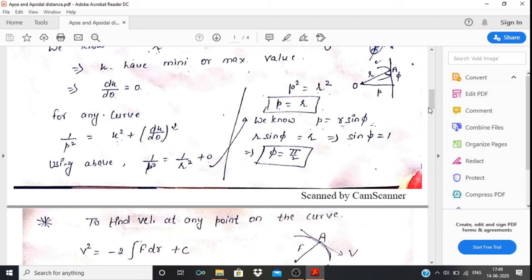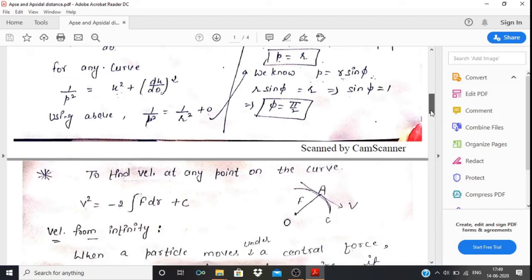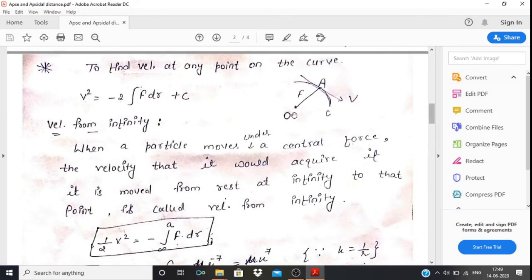Again, I will consider the topic of the velocity at any point on the curve. The velocity at any point of the curve is denoted by v. If we know the center of the force, that is, if we know the value of f, then we can easily calculate the velocity at any point on the curve, where c is the constant of integration. The next topic is the velocity from infinity.